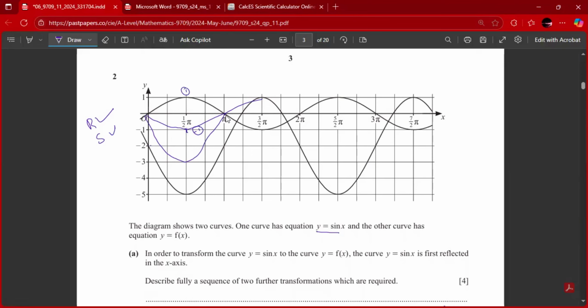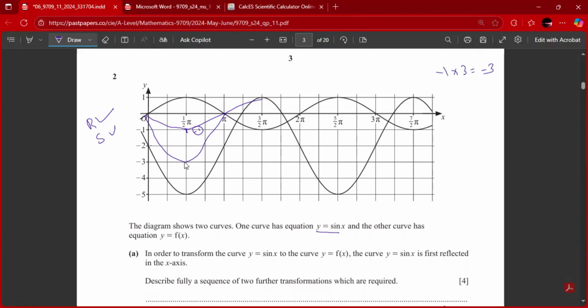Reflection in the x-axis means that the graph is just changing its y values. The positive turns to negative, the negative turns into positive in the y-axis only. The x values remain the same. So it should be -1, and then during the stretch of 3, we multiply -1 with 3. So -1 into 3 is -3.